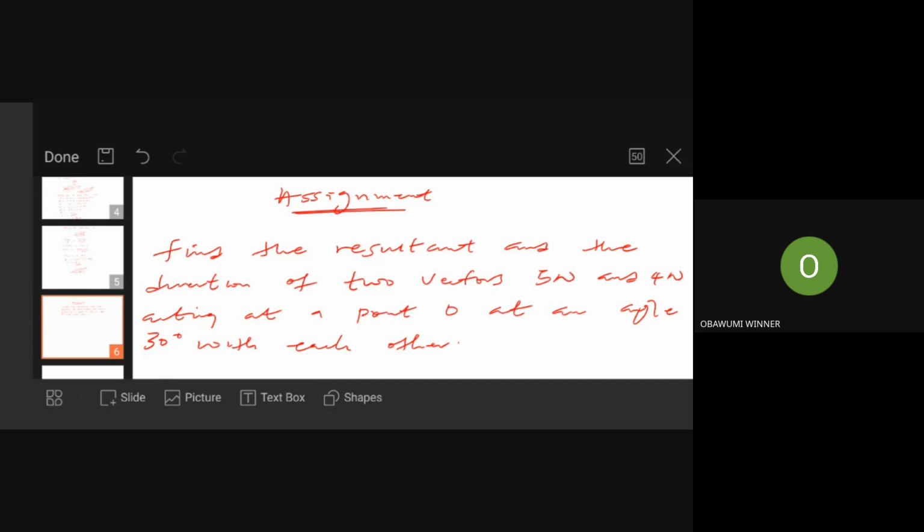Or better still, when you're done, just try to post it on the platform. The WhatsApp platform is created for every one of you. So when you're done solving the question, you can make a post there, or send it to me directly. Also, if you have a question, always try to reach out. If you have a material that will be beneficial in preparing for this exam, or there is a topic you want us to treat, don't just leave everything for the teacher.